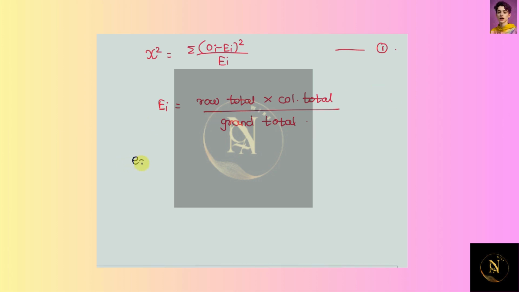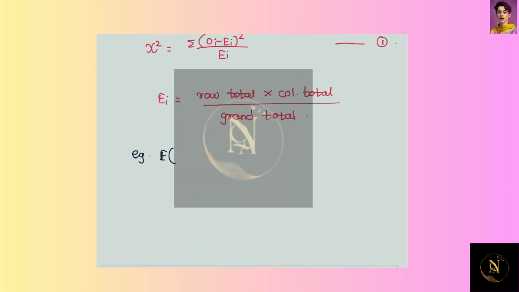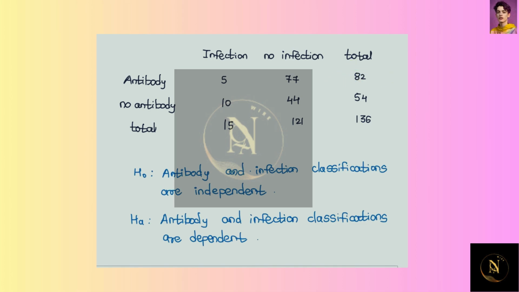For example, the expected frequency Ei for antibody and infection, that is for the first observed frequency 5, the first row and first column. The first row total is 82, the first column total is 15.